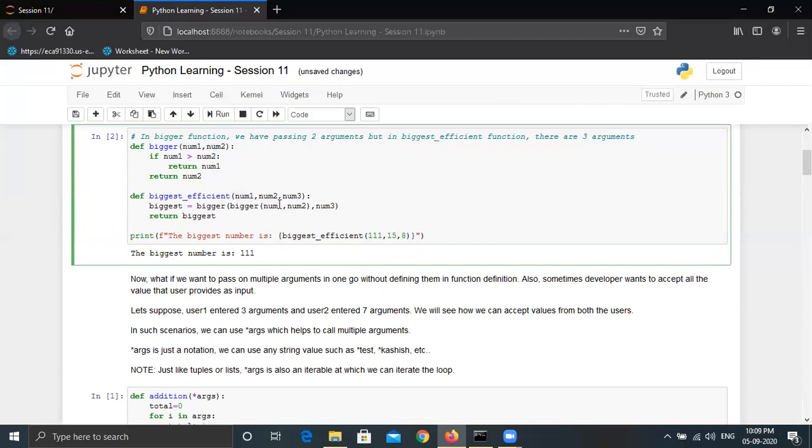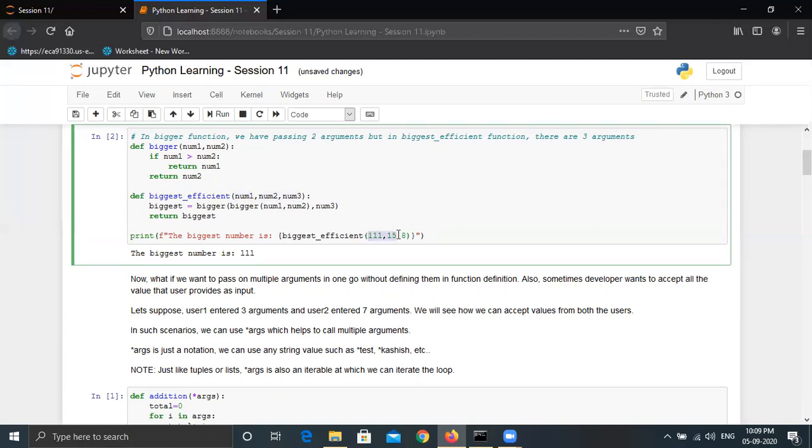It totally depends on the user how many arguments they provide as input. And suppose the condition is that whatever arguments user 1 provides, like 4 arguments, and user 2 provides, like 7 arguments, we don't have to throw any error. We have to process all those values that users are passing. To achieve that functionality, right now we know that if we define three arguments, we have to pass three values as well.